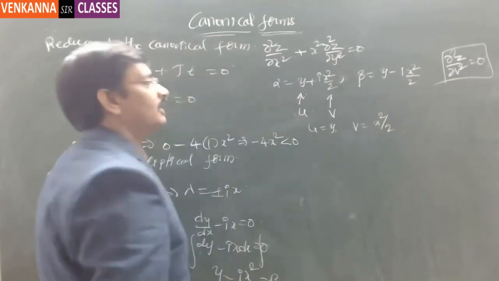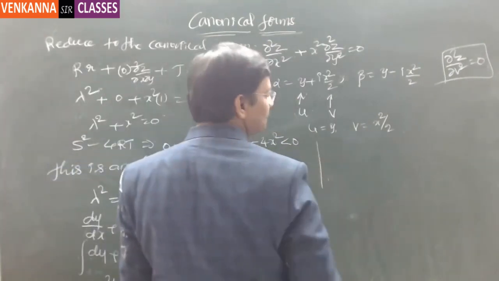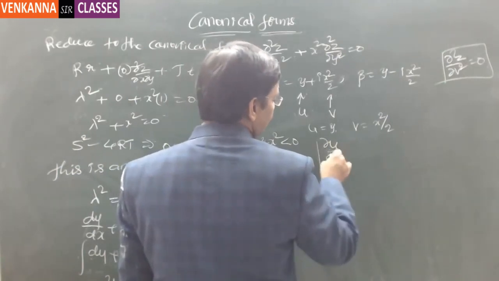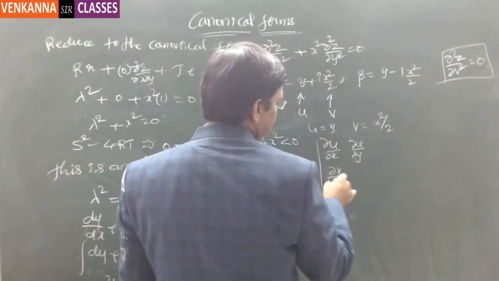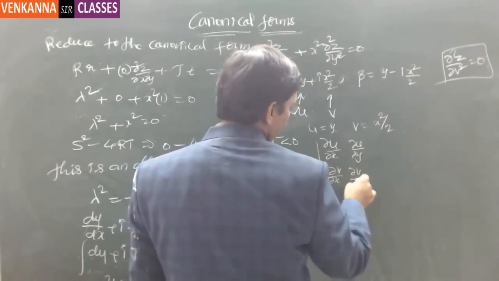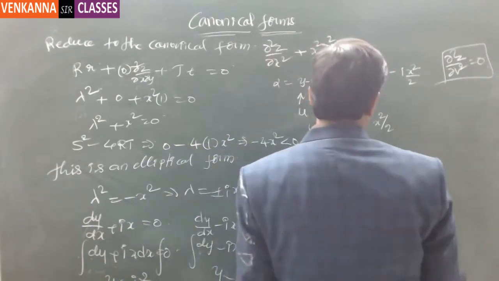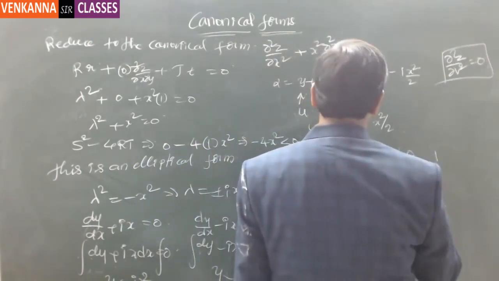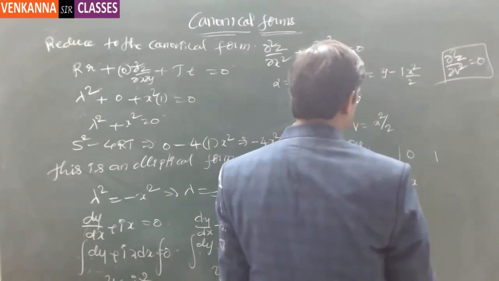Then when you select these values, you can identify the Jacobian also: dou u by dou x, dou u by dou y, dou v by dou x, and dou v by dou y, you can verify it. Dou u by dou x is 0 and dou u by dou y is 1, dou v by dou x is x, right?